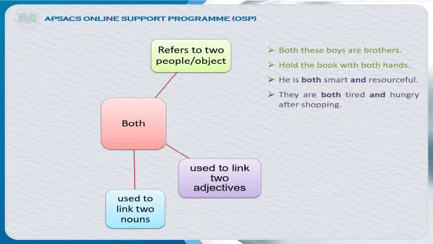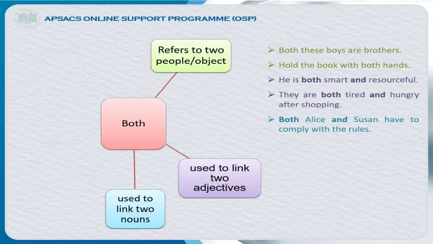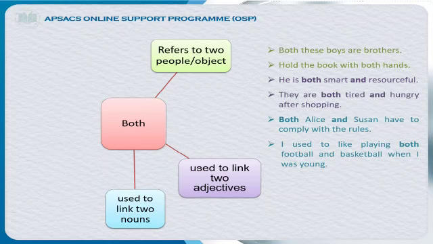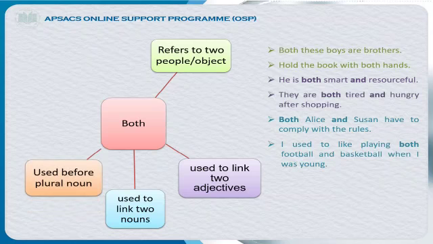Both is also used to link two nouns. For example, both Alice and Susan have to comply with the rules. I used to like playing both football and basketball when I was young. It is also used before a plural noun.